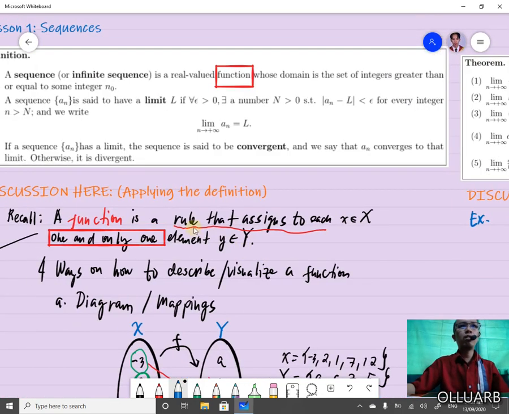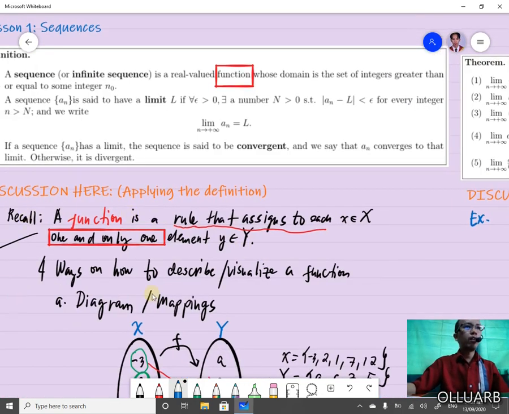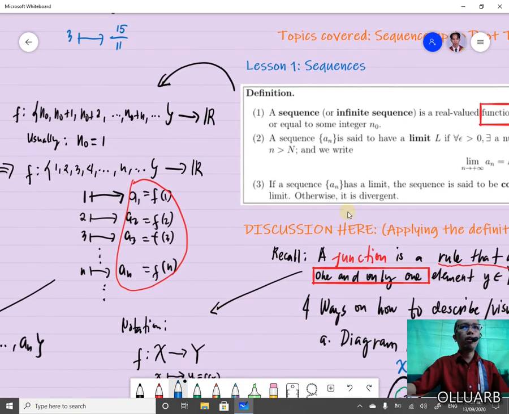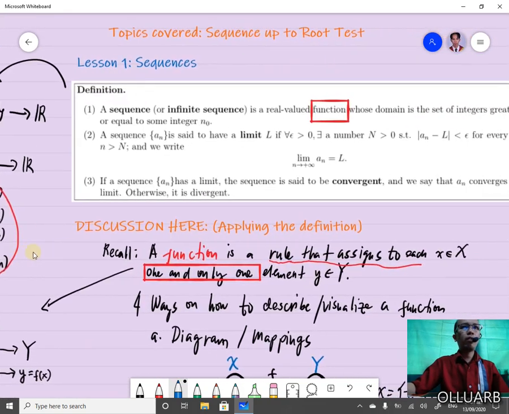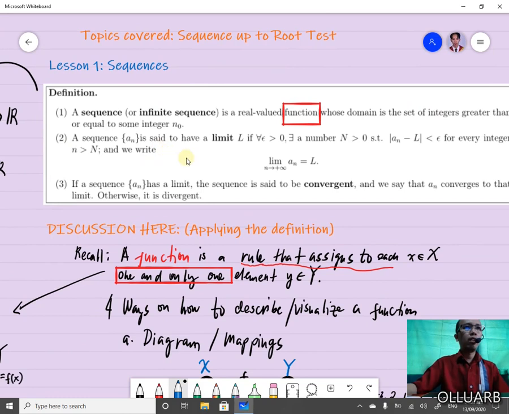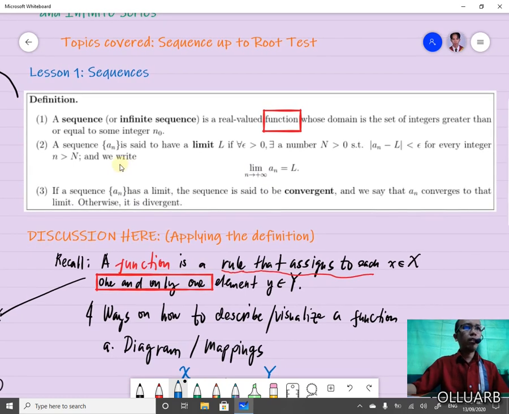And also, as you can see here in the second definition, I did not elaborate this as much. When I tried to prove the limit of an example, I did not write it in a graceful manner.